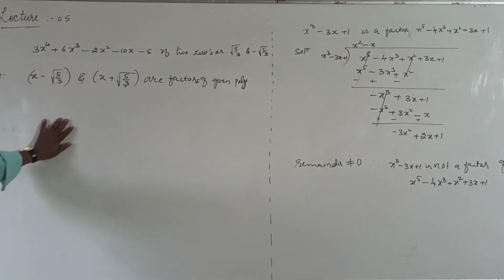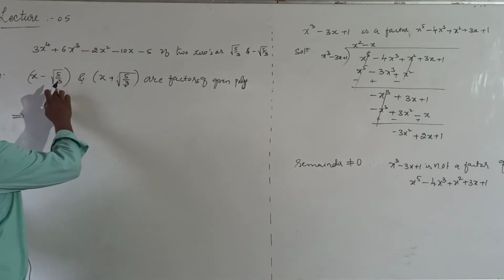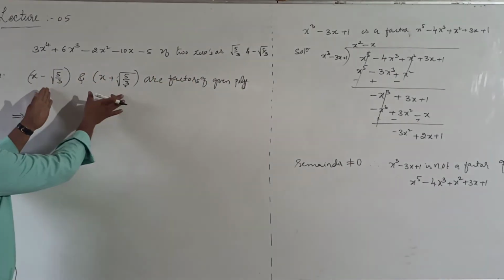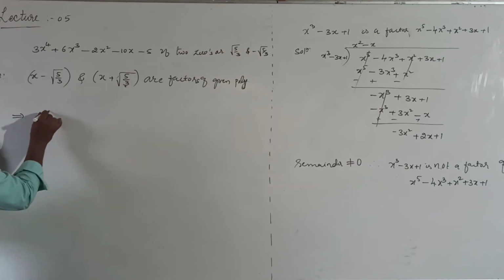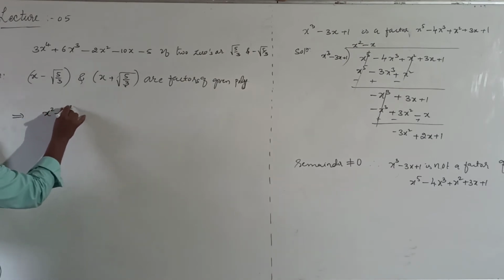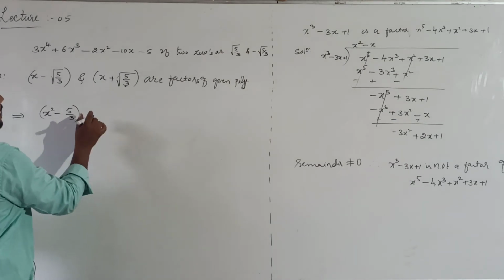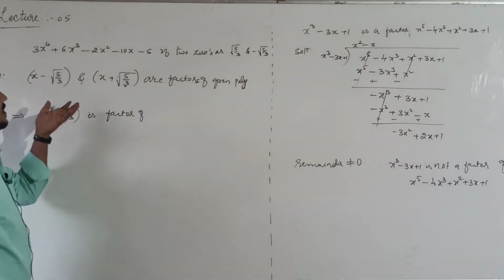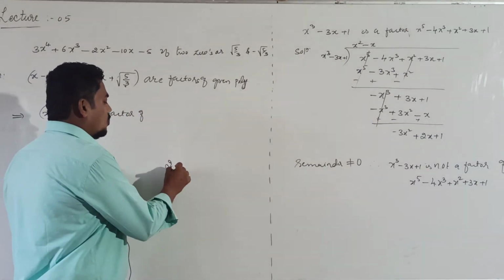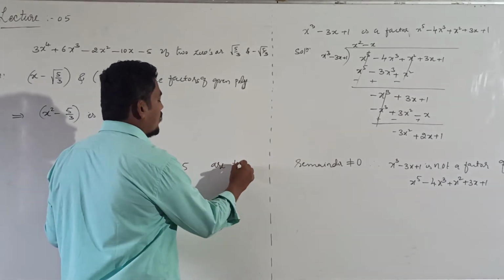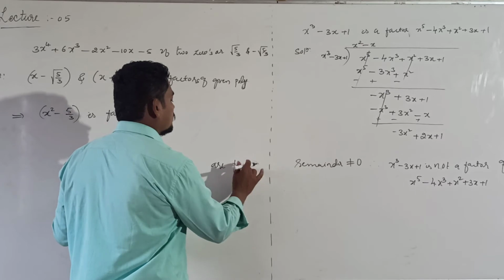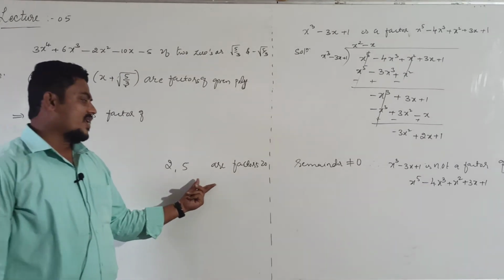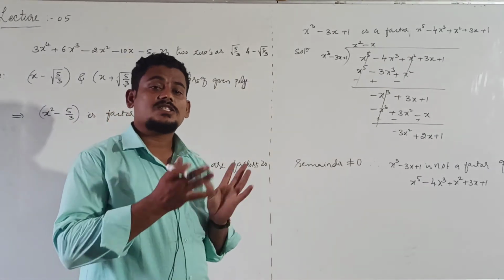So x minus square root of 5 by 3 and x plus square root of 5 by 3 are factors of this polynomial, and their product is also a factor. That means x square minus 5 by 3 is a factor. For example, 2 and 5 are factors of 20, then their product is also a factor of 20.